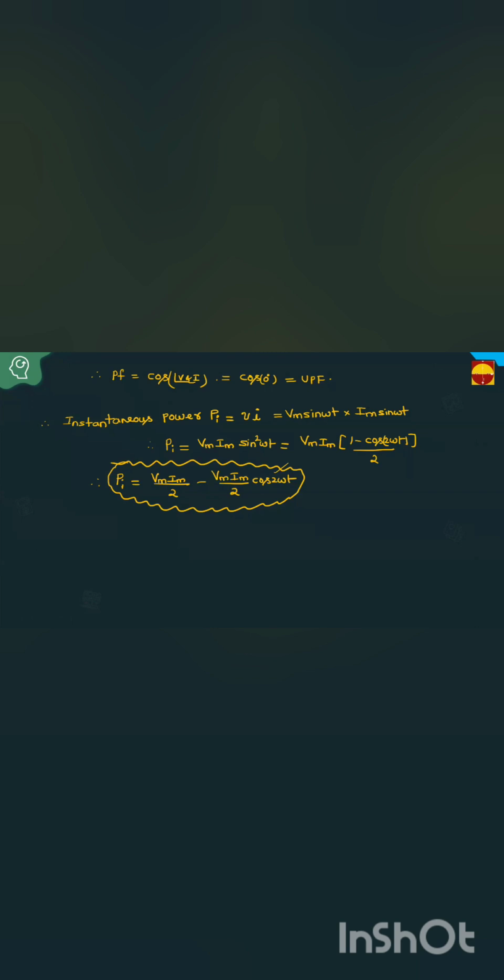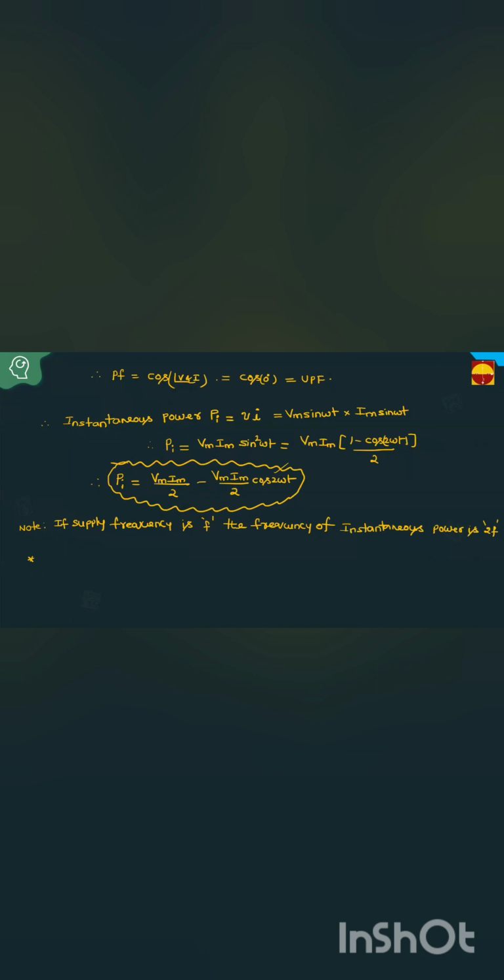If supply frequency equals f, the frequency of instantaneous power is 2f. Now you know the expression for instantaneous power.